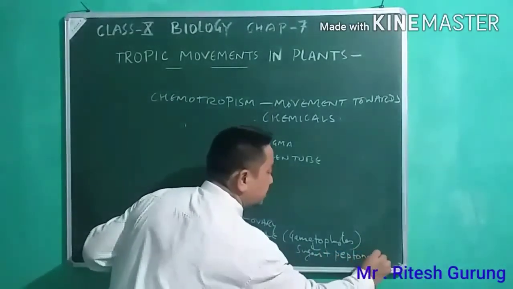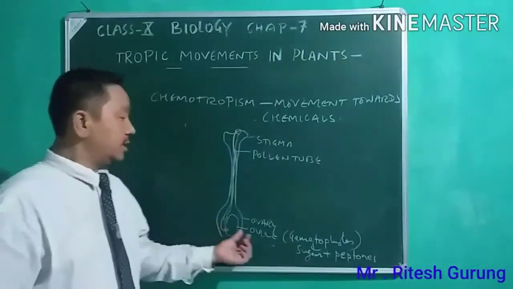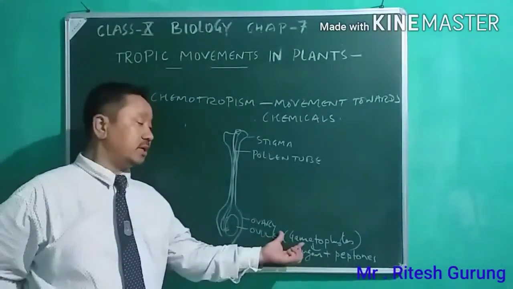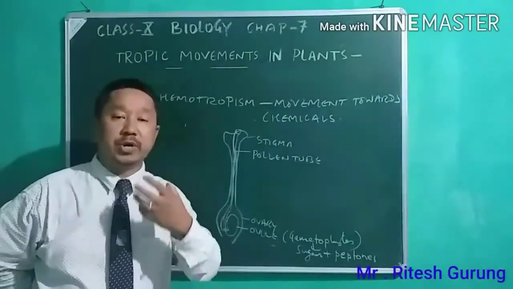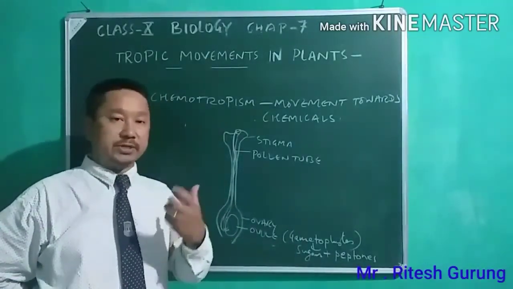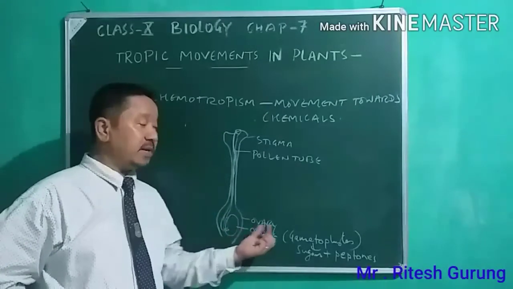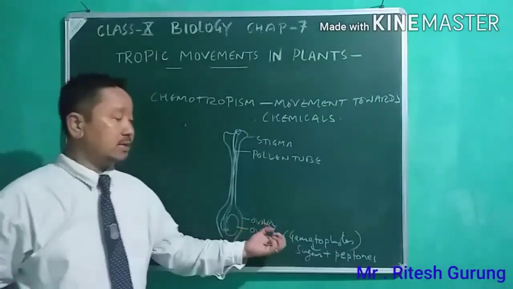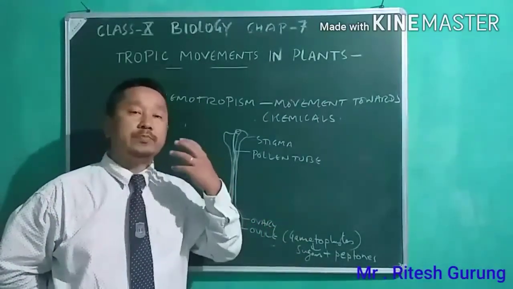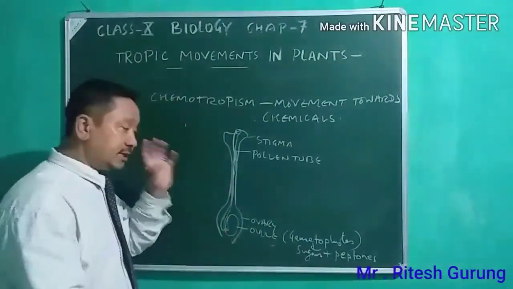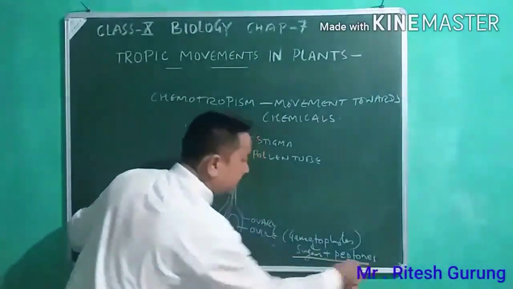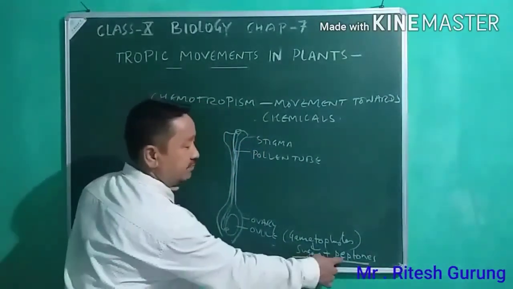Gametophytes means the sites which are responsible for producing eggs. It is a female site which produces the eggs, and secretes two different kinds of chemicals, sugars and peptones.